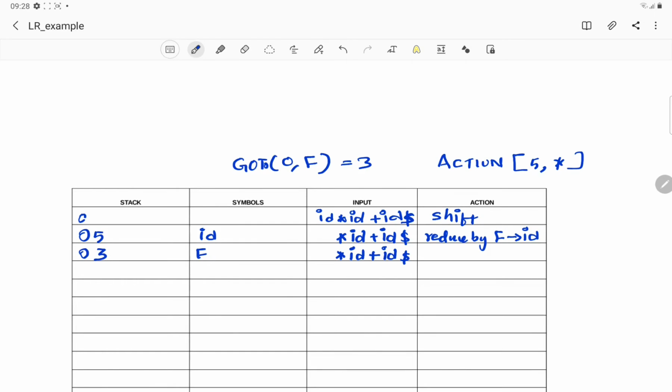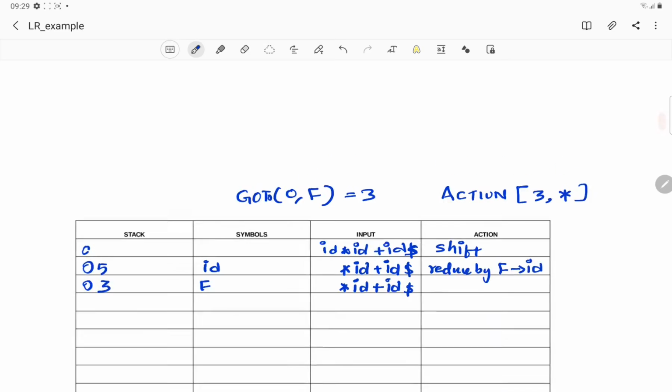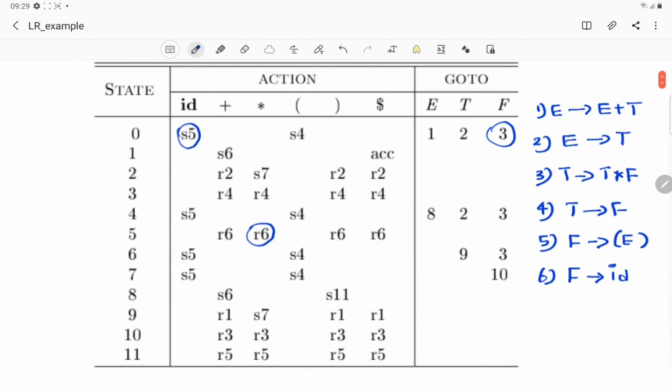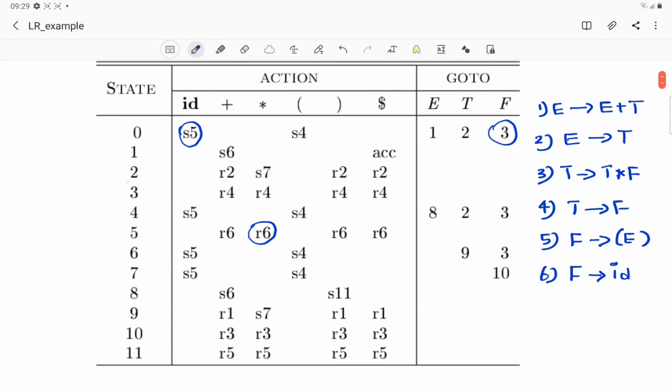So we have to again consider the action of 3 comma star. Action of 3 comma star is R4, reduce by 4.